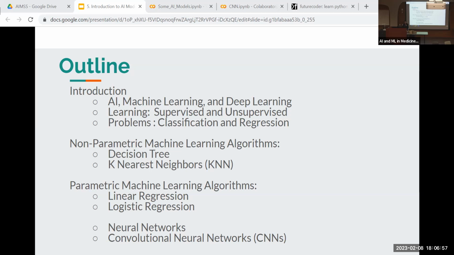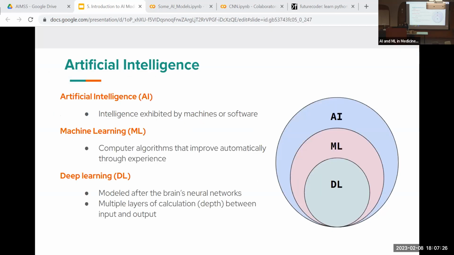And specifically, we're going to talk about problems that are more widely used in medicine, such as classification and regression. And then we're going to introduce the models. We're going to talk about decision tree, k-nearest neighbors, linear regression, logistic regression, neural networks, and convolutional neural networks.